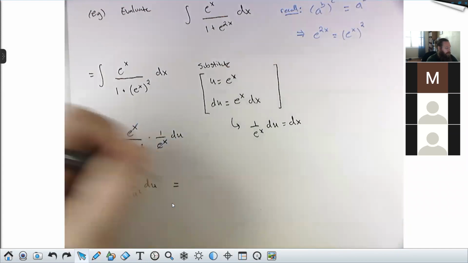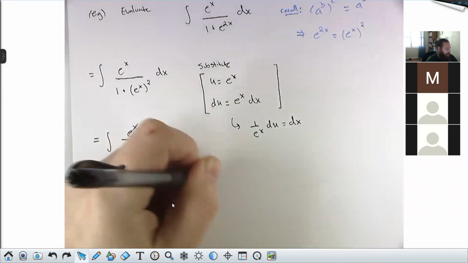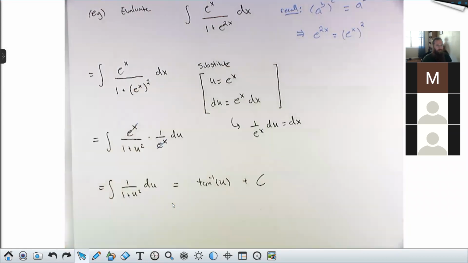Arctan? Yeah, arctan, or the inverse tangent of u. So remember, the derivative of regular tangent is secant squared, but the derivative of the inverse tangent, or arctangent, is 1 over 1 plus u squared. So here we have arctan, or inverse tangent of u.